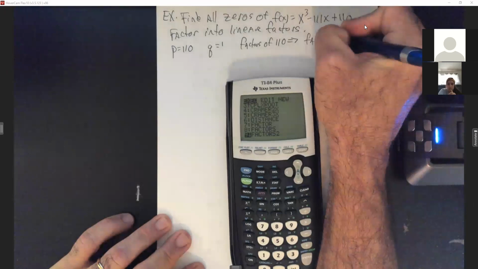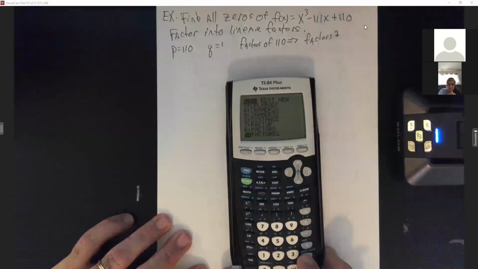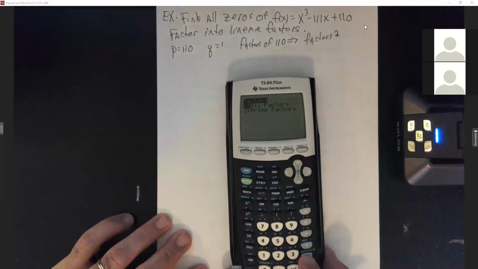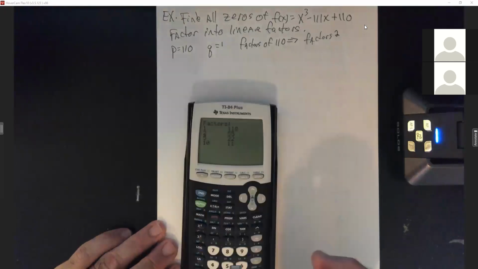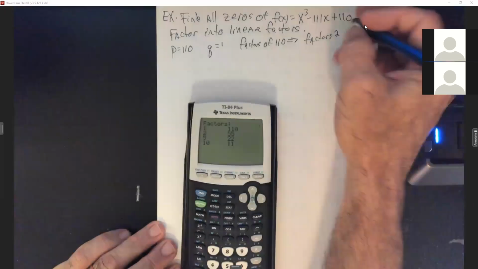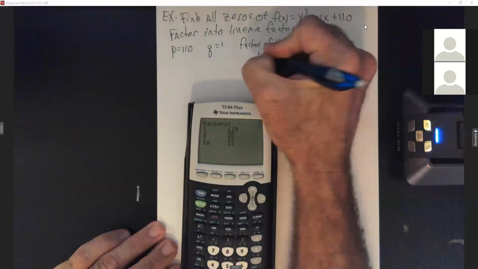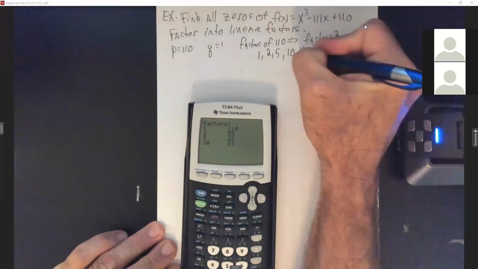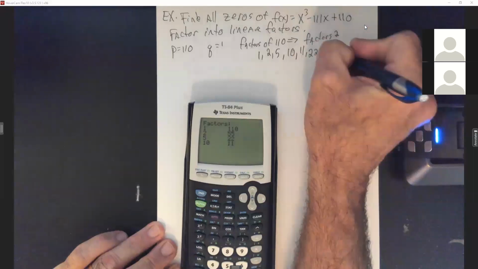So you hit enter on factor 2 and get it started. We want all factors of 110. So there's all the factors of 110. It is a 1, 2, 5, 10, 11, 22, 55, and 110.